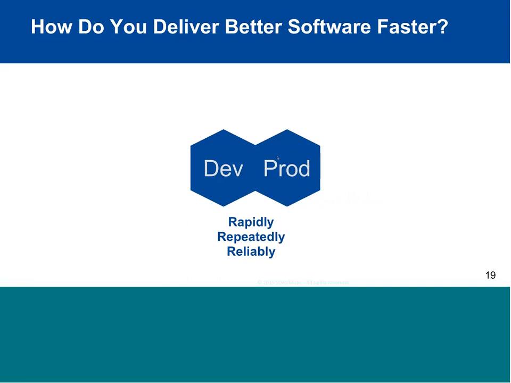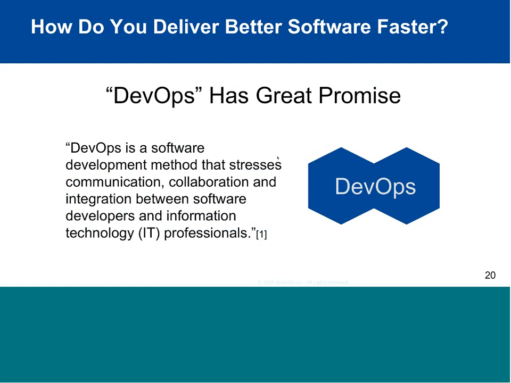Ultimately, we want to have close collaboration between development and production operations, or in other words, we want to achieve DevOps.